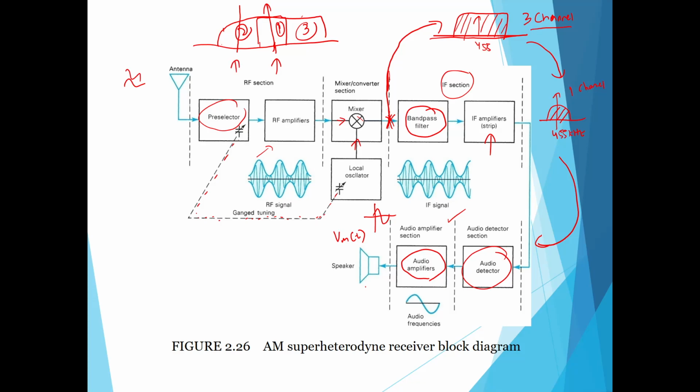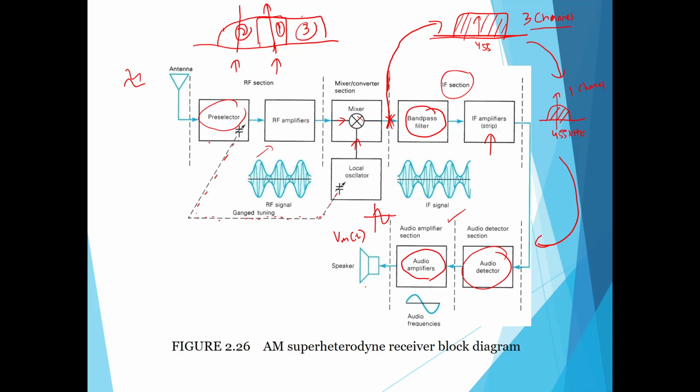For example, I want to listen to radio station number 1. So remember that when you want to listen to radio station number 1, you are actually tuning. Maybe before this I forgot to explain.